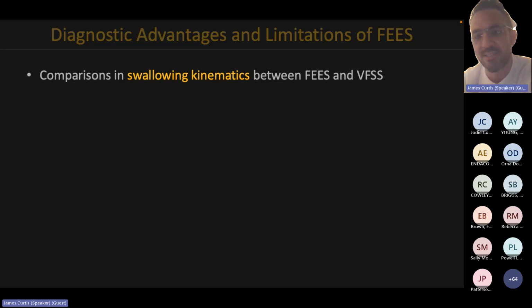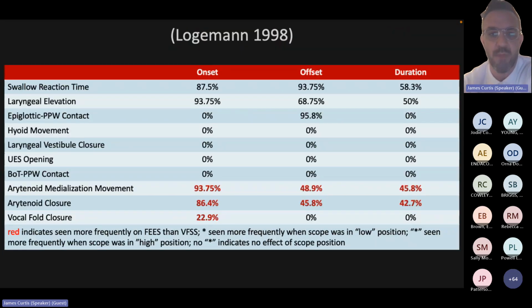The reality is that there are only a couple of studies out there at this time, and they're dated. I think it's in part because the findings behind these are not super surprising. One of the main studies, probably the best study out there, was completed by Dr. Jerilyn Logemann and colleagues in 1998.